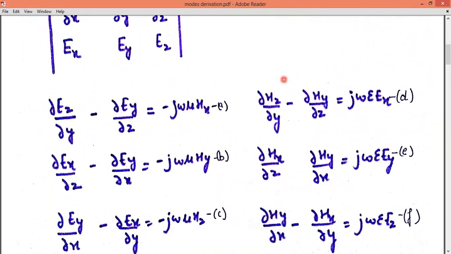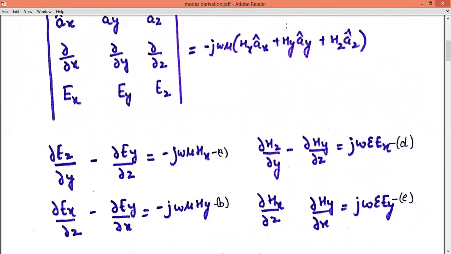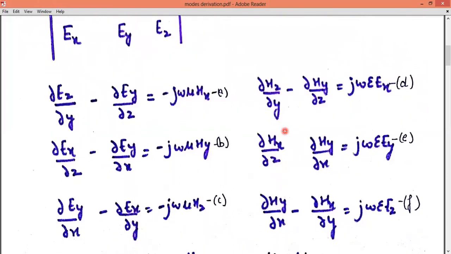So we write the electric field and separate the ax, ay, az components, we get three equations. How are we getting these three equations? We are writing the electric field equation by separating the ax, ay and az components. Similarly, if we do the same thing with the above Maxwell equation, we will get three more equations. In total we will get six different components.